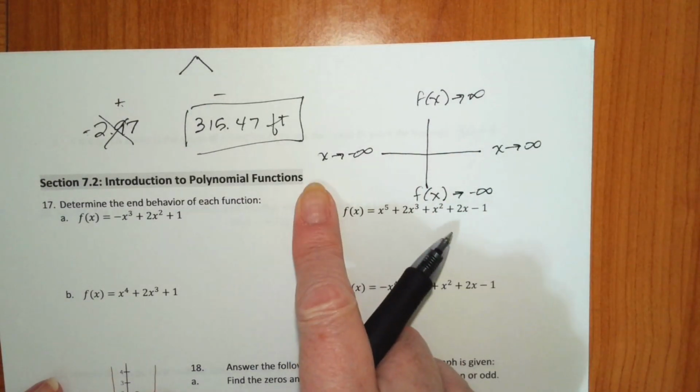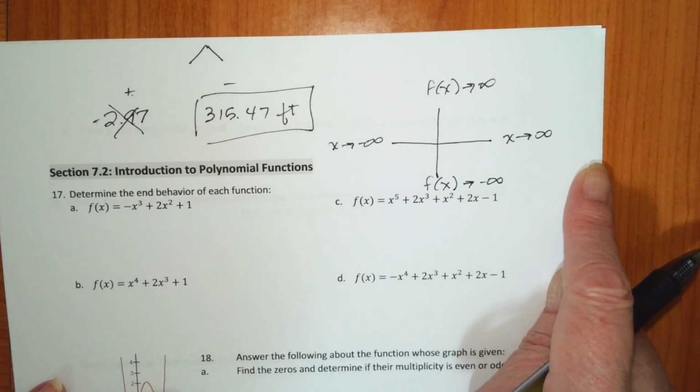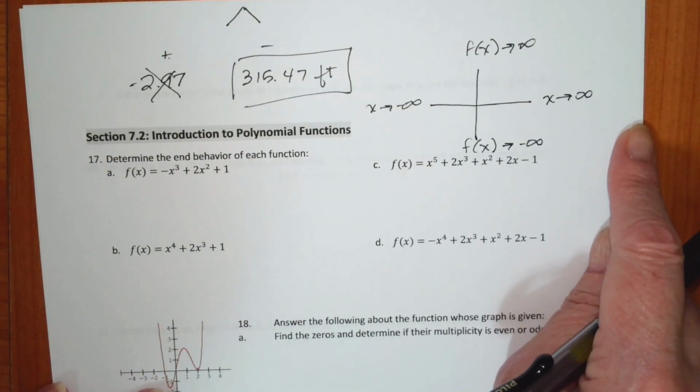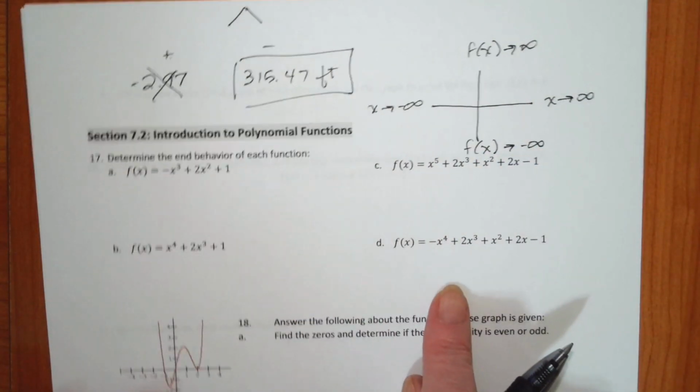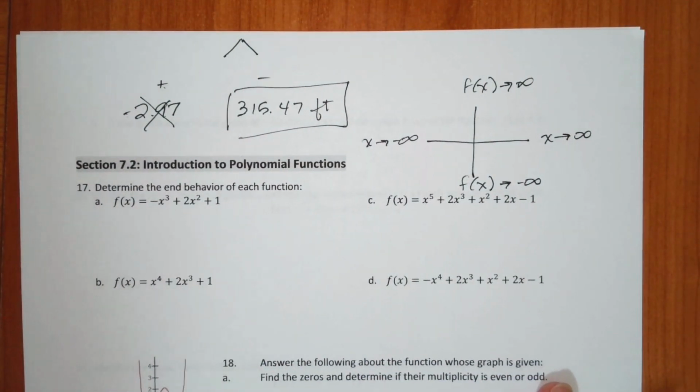So this is on your left and this is on your right. Let's see what's going on here, and then the table that I gave you in your notes about odd and even.